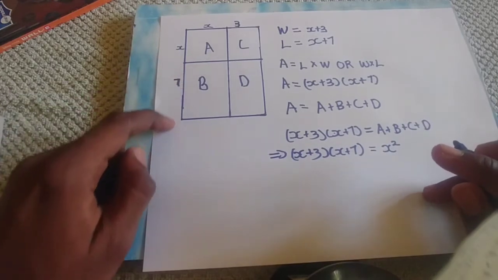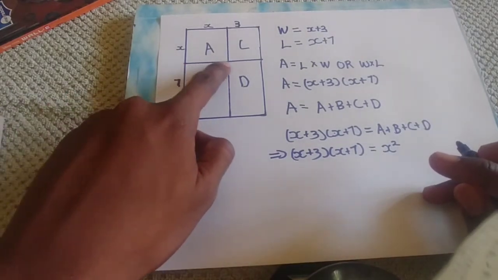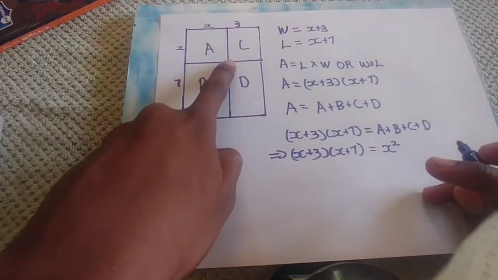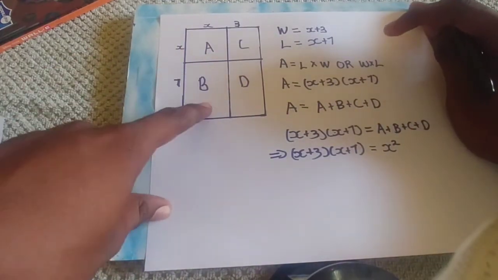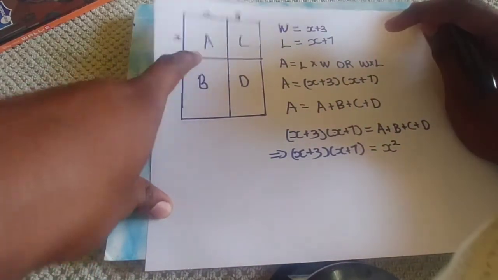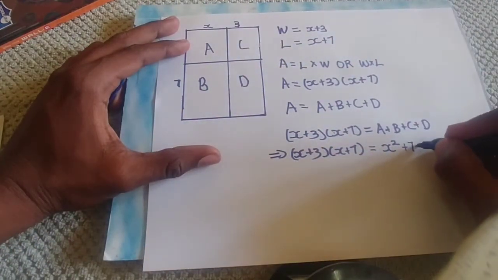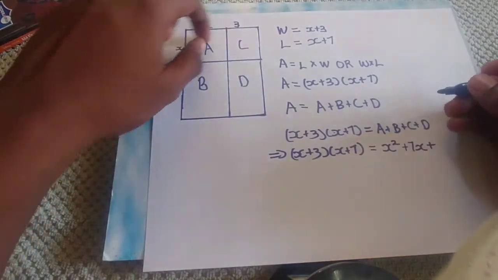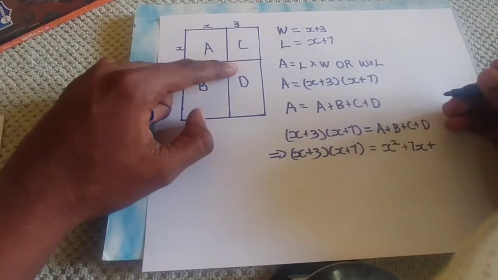Now what is the area of B? The length of B is 7. As you can see, the width of B is x, because if there is x there, there has to be x here as well, right? So that means the area of B is 7 times x, which is 7x. What is the area of C now? The width of C is 3. The length of C is x.